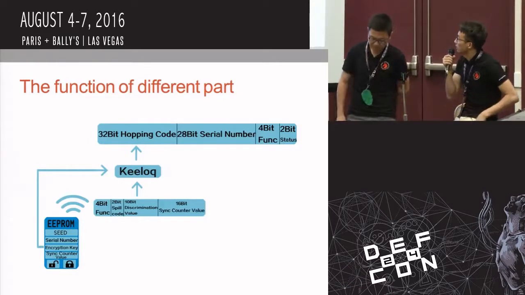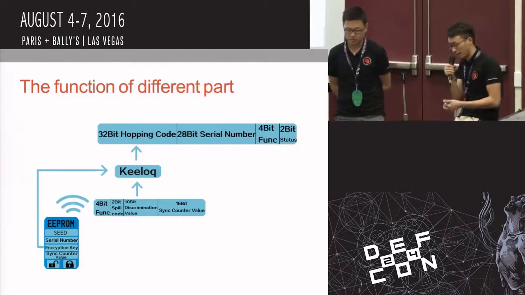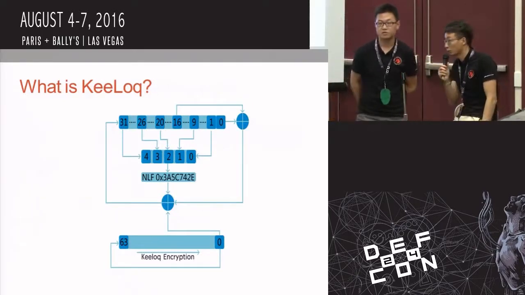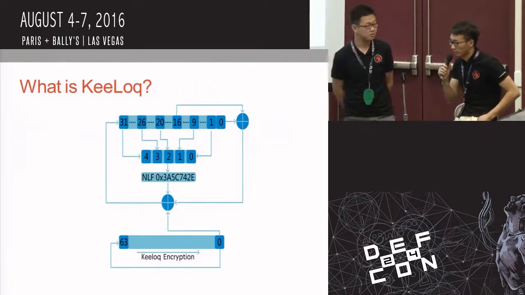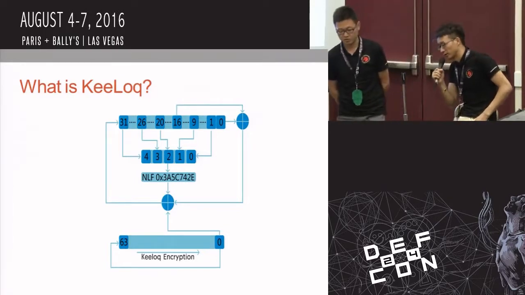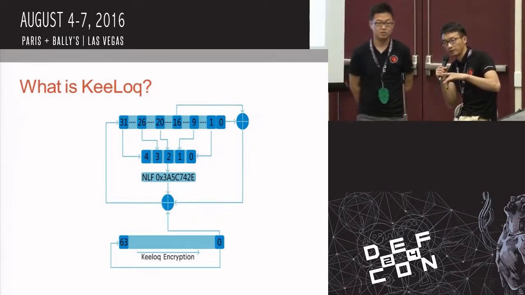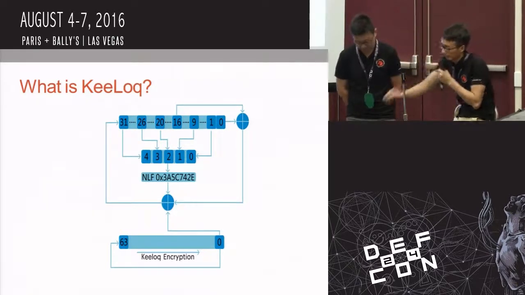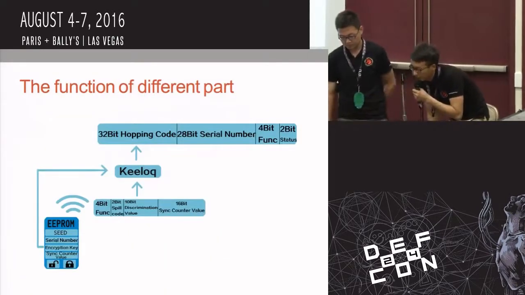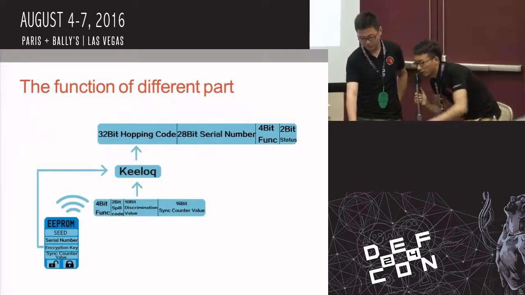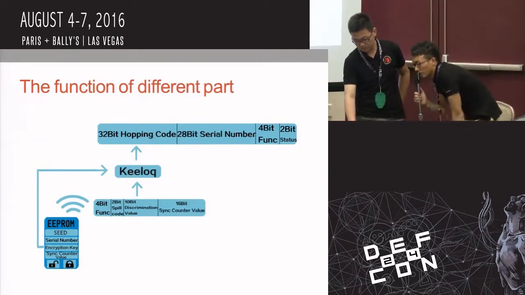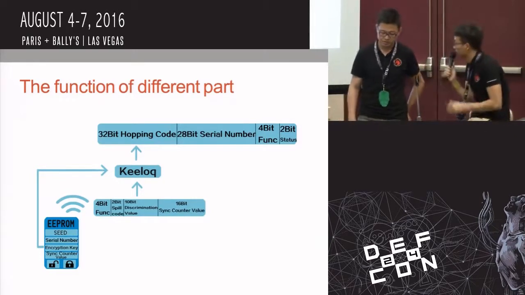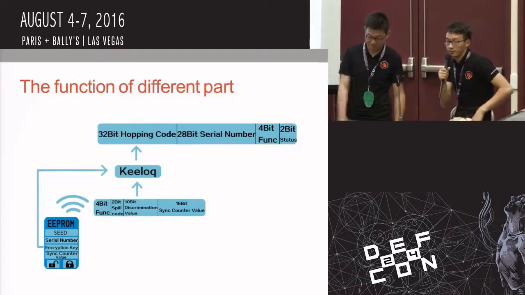The function code, like the rolling code, is the result of using KeeLoq to encrypt the function code and the 10-bit discrimination value, which is just the lower part of the serial number. I hope that everybody understands what KeeLoq is.